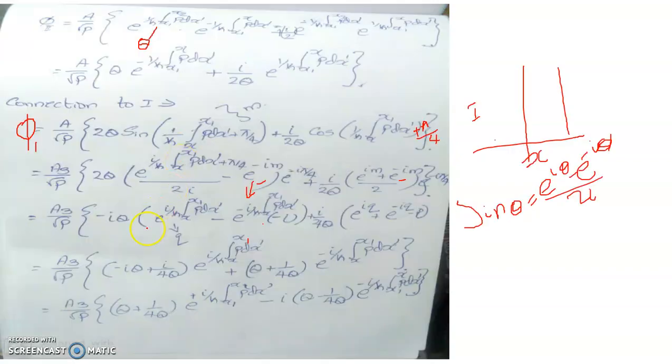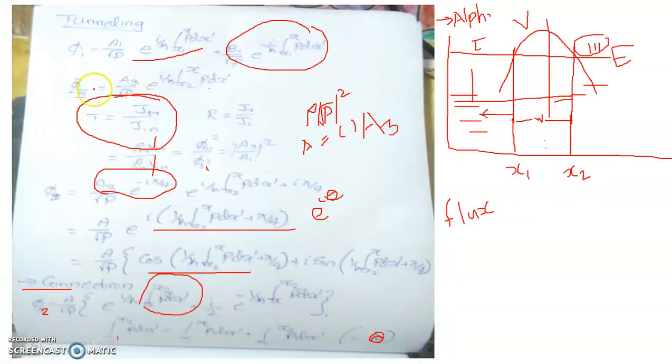Now we make a comparison of this wave function that we have formulated on the basis of connection formulae with the WKB wave function in region 1. So the coefficient of e raised to i by h cross integral x1 to x p dx prime is a1 by root p. We can omit root p, so this is a1.